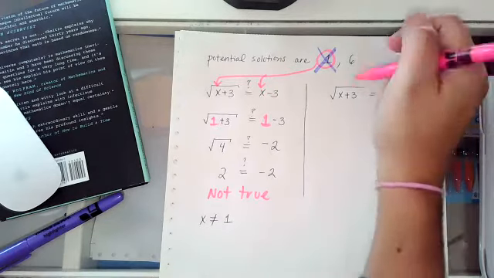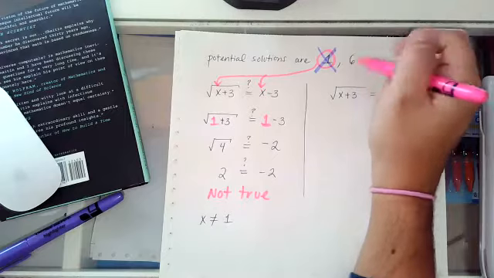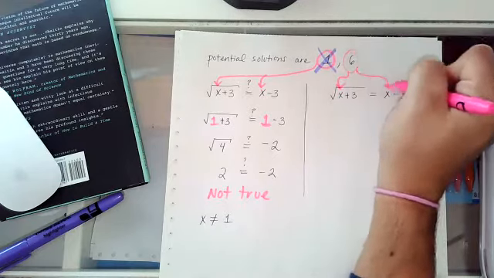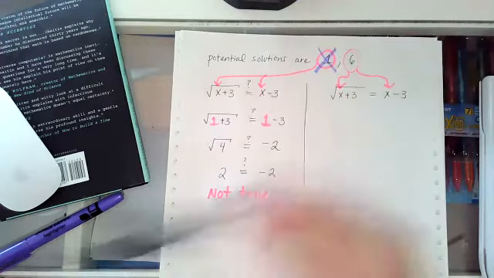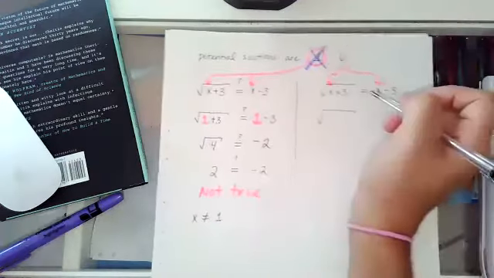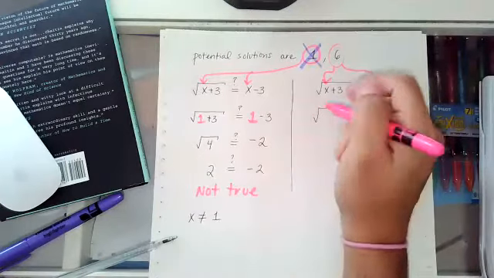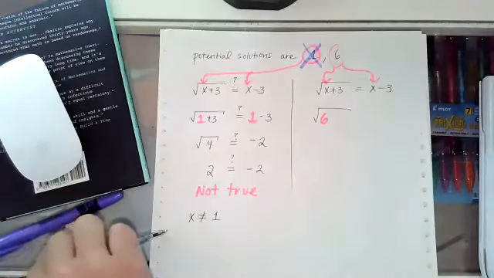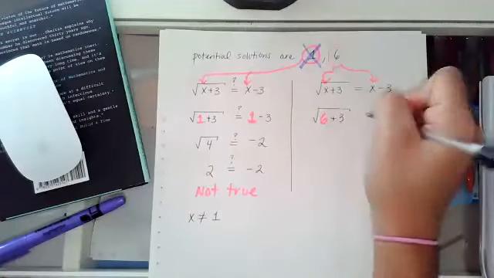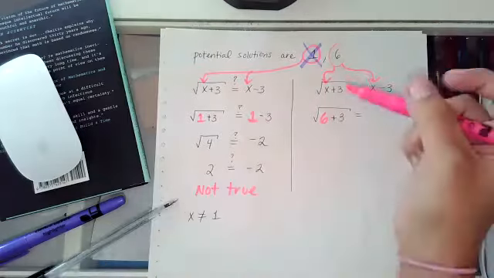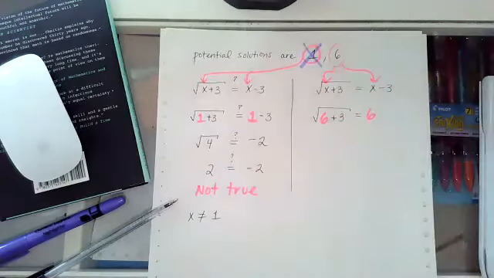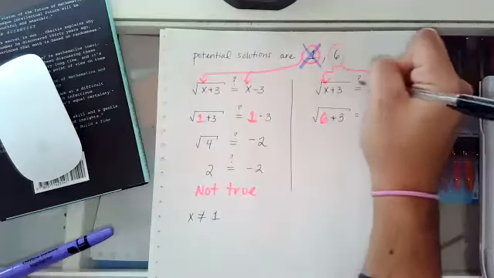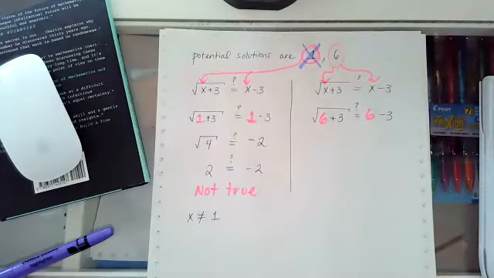But we'll do the same thing over here and check to see if 6 works. So we'll have the square root of 6 plus 3 and see if that's equal to 6 minus 3. I'm going to put little question marks because I'm not sure.